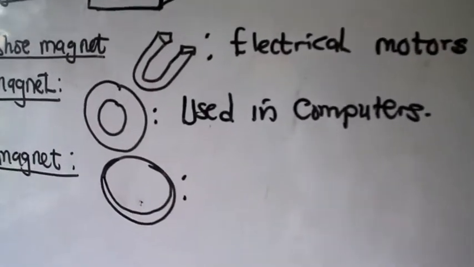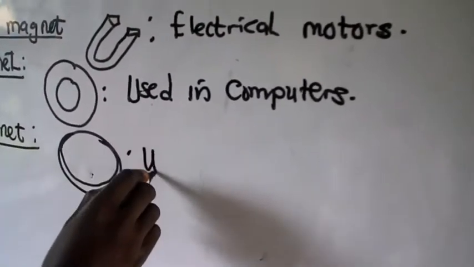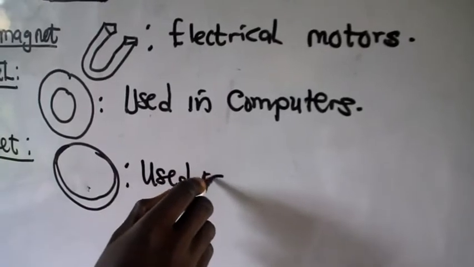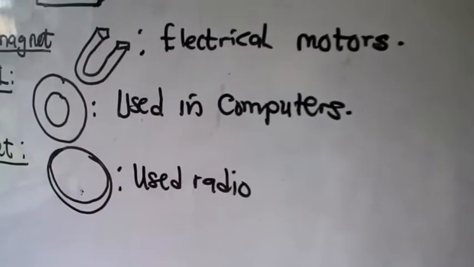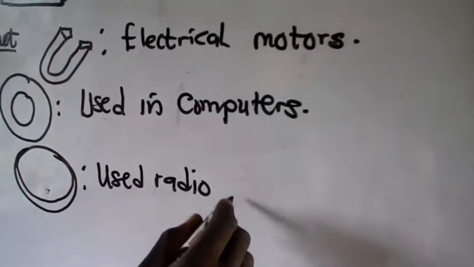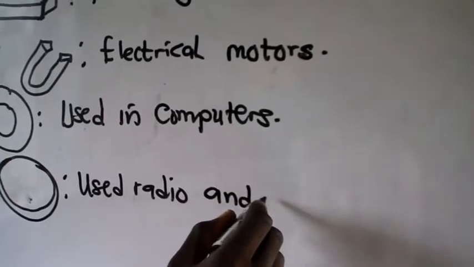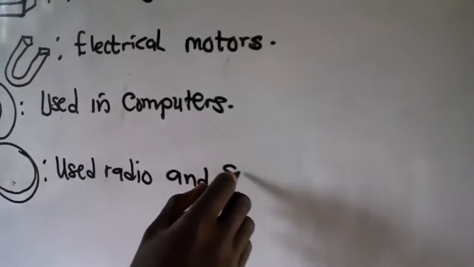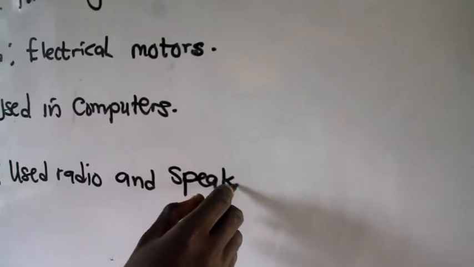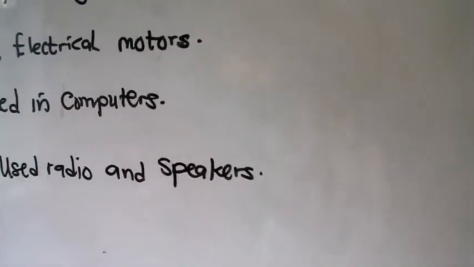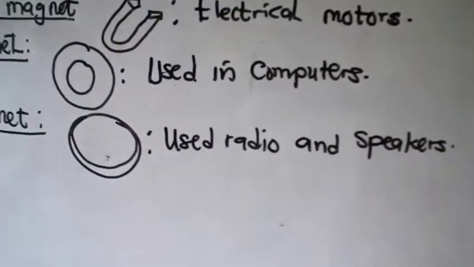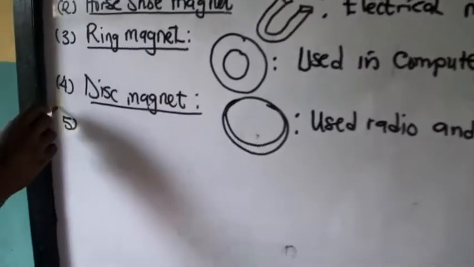What is it used for? Used mostly in radios and speakers. So if you open those appliances or gadgets, you will see those magnets there.